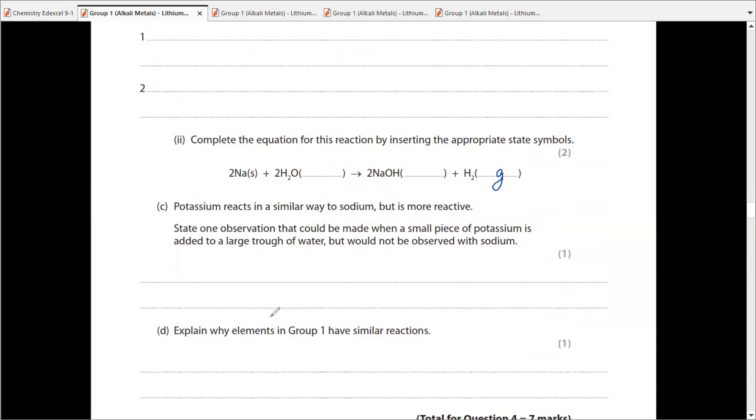The first one is liquid, right, and this one, again, it's a hydroxide, so aqueous. All right. So moving on.